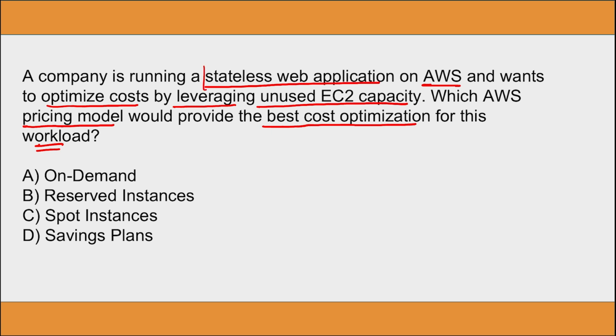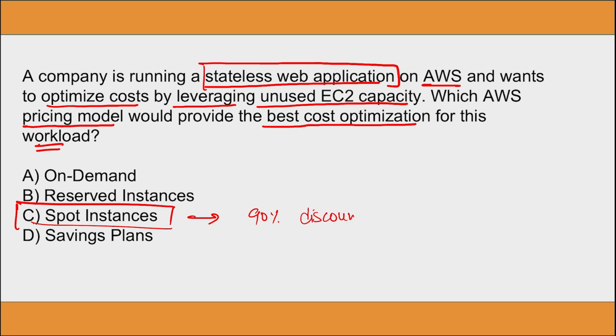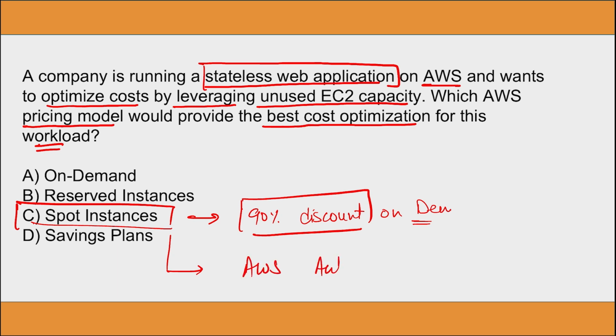Now your focus should be on this stateless web application. The best option for stateless workloads or flexible scheduling is spot instances. Spot instances provide up to 90% discount on on-demand prices. Also, spot instances can be integrated with AWS Auto Scaling.